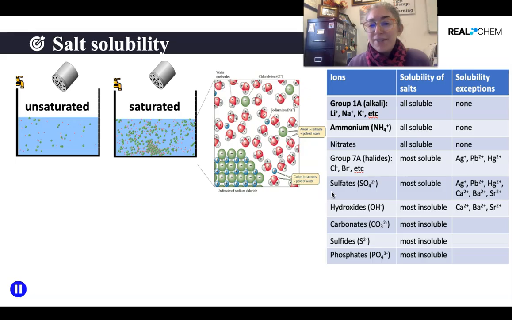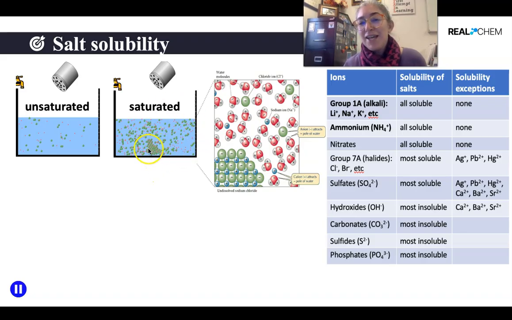When you put something in water that is soluble, if it is an ionic compound, it does dissociate into its different ions, to a point. There's a maximum amount. If all of the solute is dissolved, that's an unsaturated solution. But if you've reached the maximum amount of dissolved substance, then we say that the solution is saturated.